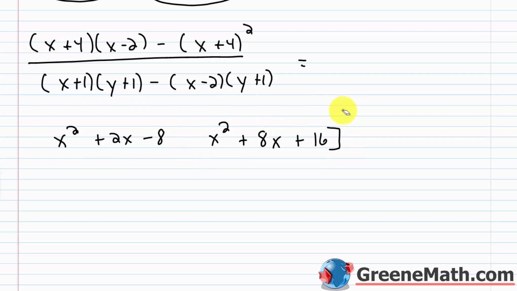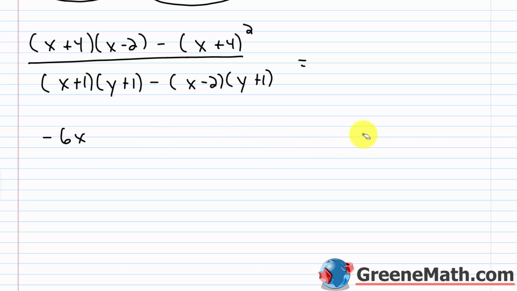So I'm going to erase all this, and I'm just going to change the sign of each term. So this is minus, and this is minus. So x squared minus x squared is 0, so that's gone. 2x minus 8x is going to give me negative 6x. So this would be negative 6x over here. And then negative 8 minus 16 is minus 24. So negative 6x minus 24.